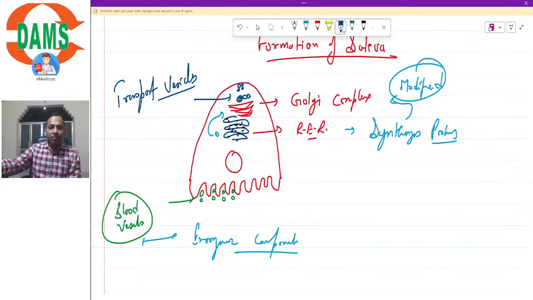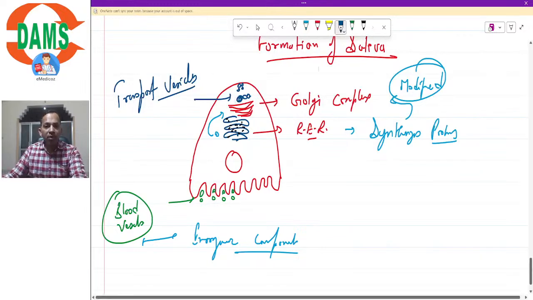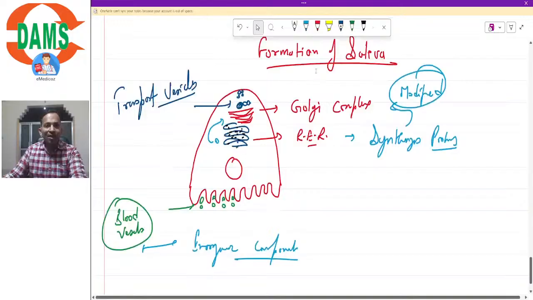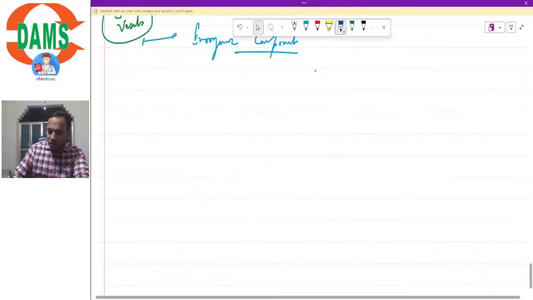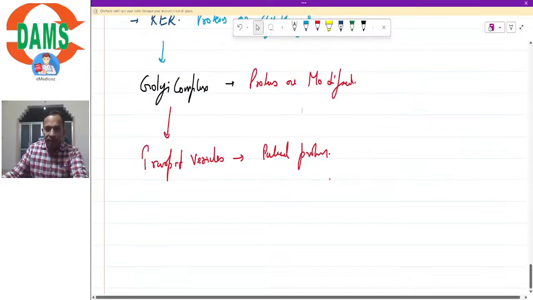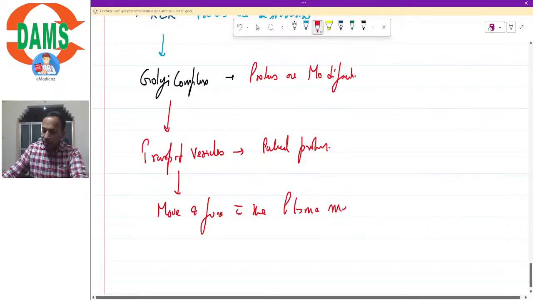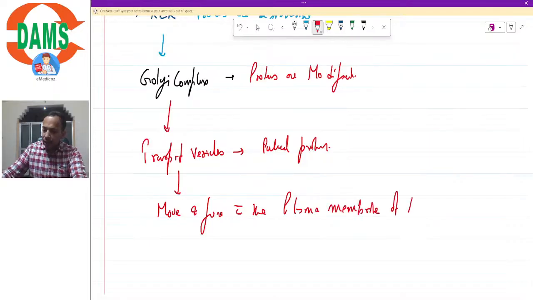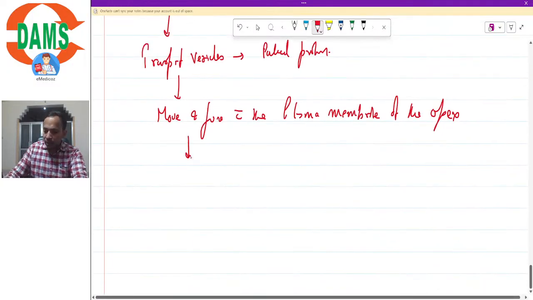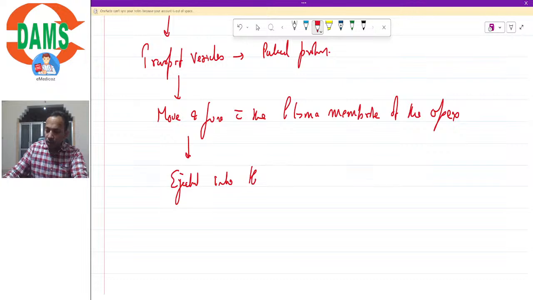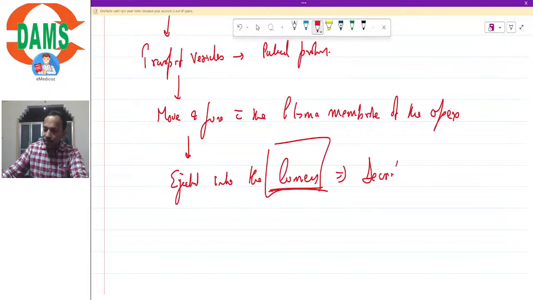From there, they are ejected into the lumen of the secretory unit.